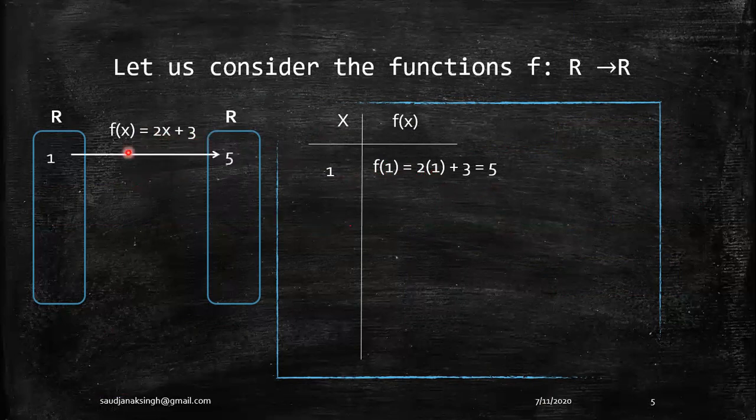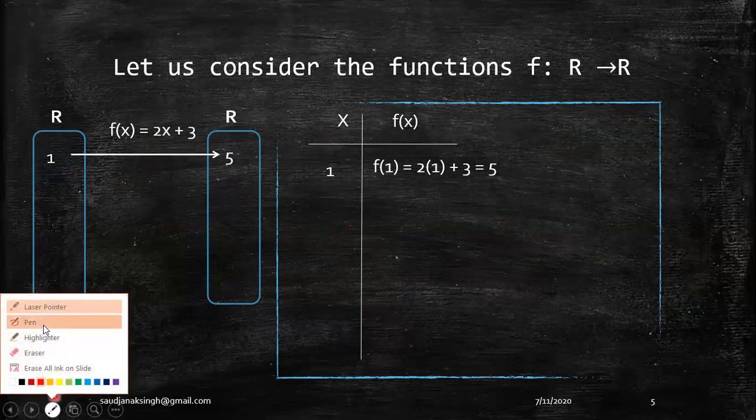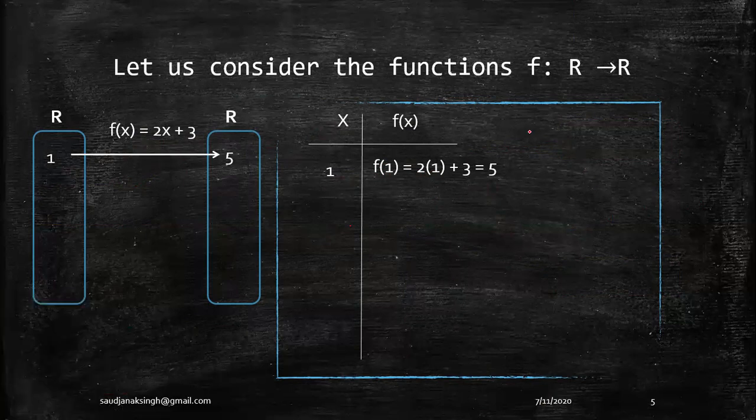If you show it in the arrow diagram, it looks like this, and we can also arrange it in ordered pair form. The function f in the set of ordered pair form: the first ordered pair has input 1 and output 5. The second input is 2, and its functional value is 7.